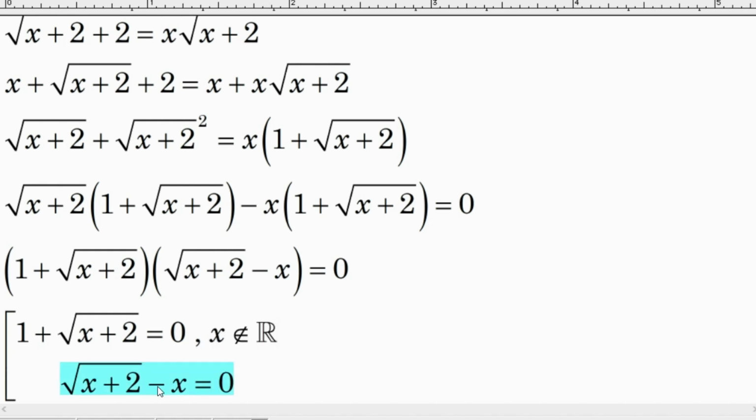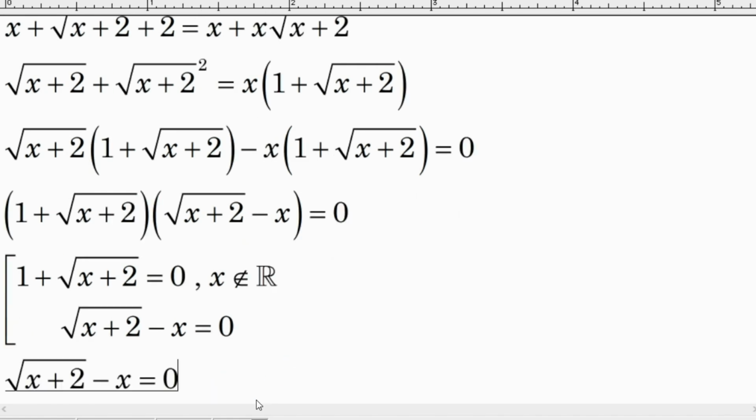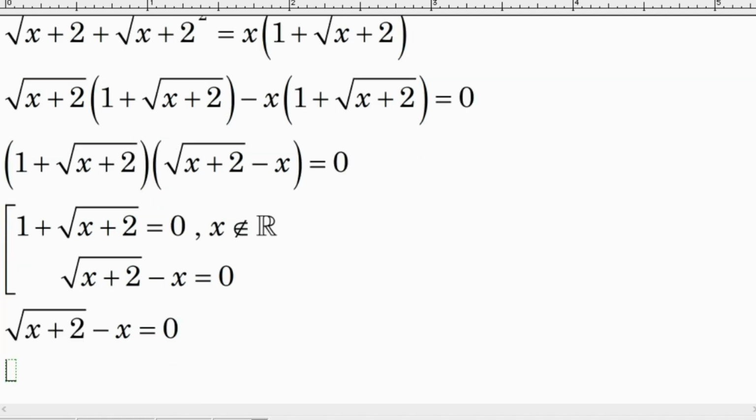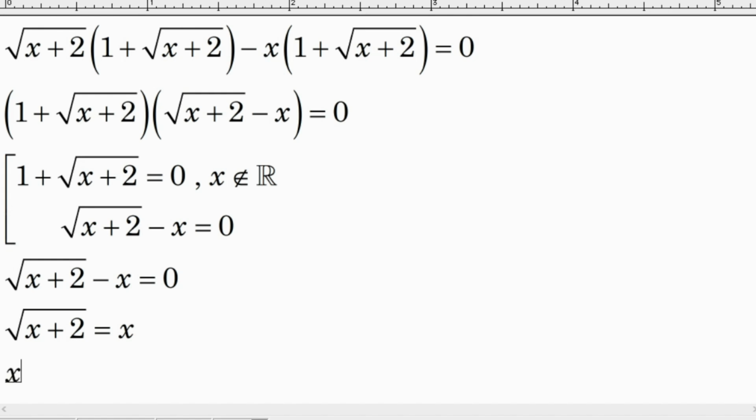Now we have to solve for the values of x through the other equation. We have square root of x plus 2 equal to x. We raise both sides of the equation to square and get x plus 2 equal to x squared.